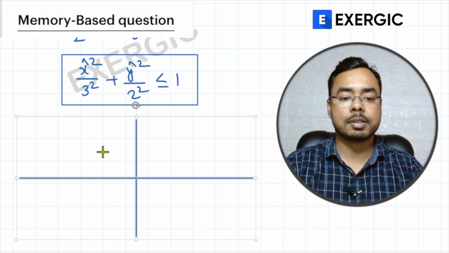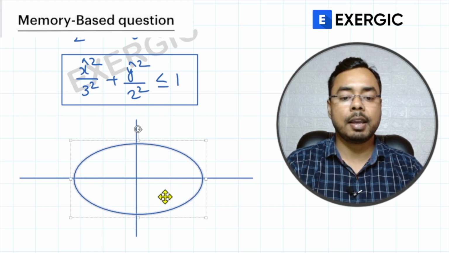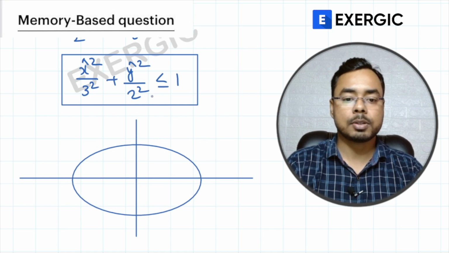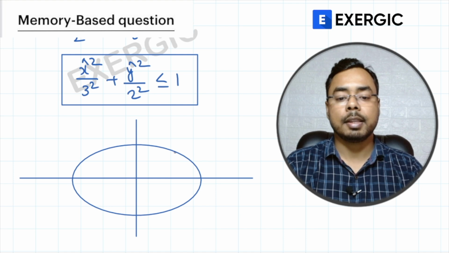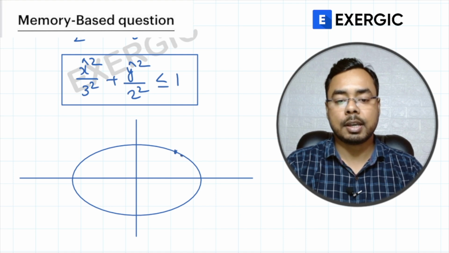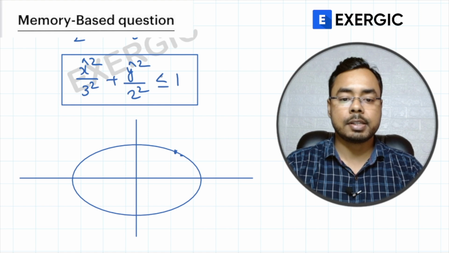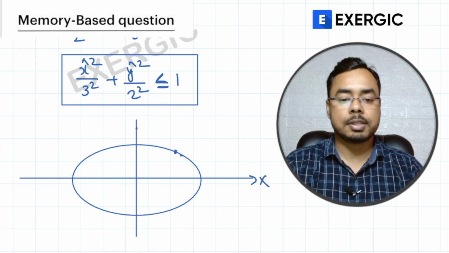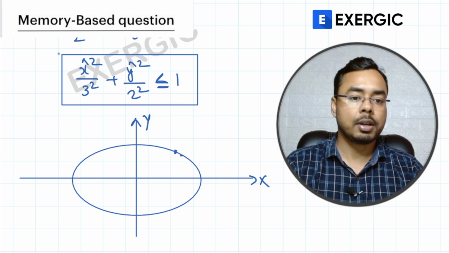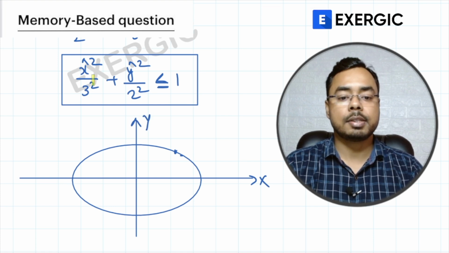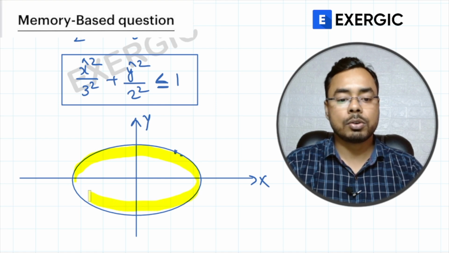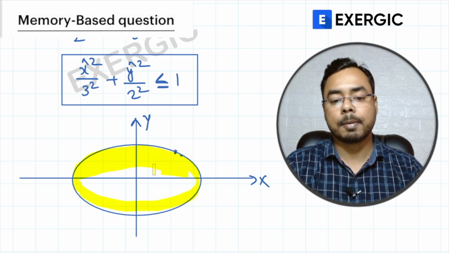We know that if we had equality here, x cap square by 3 square plus y cap square by 2 square equals 1, then it will represent all the points on the ellipse. Here, since we have less than or equal to 1, it will represent the collection of points which are either on the ellipse or inside the ellipse, right? So this inequality will basically represent all these points. Now the question is, what will be the area of this region, right?